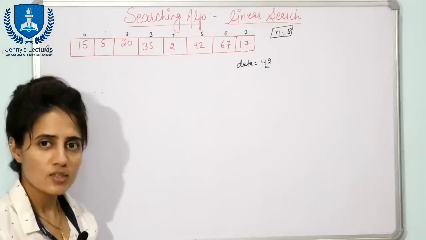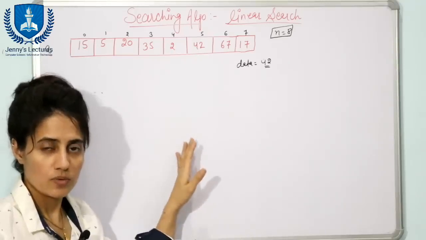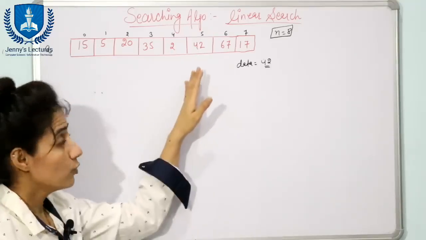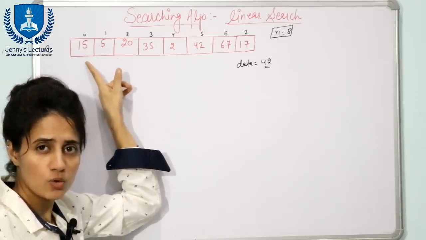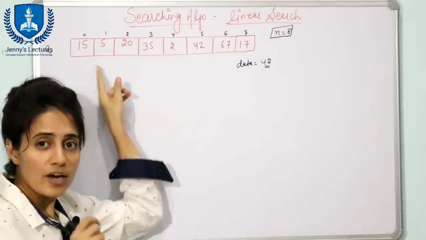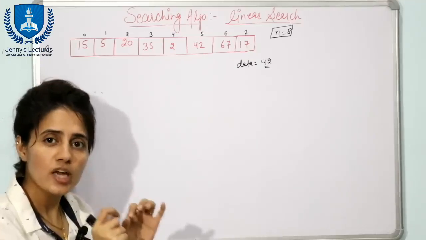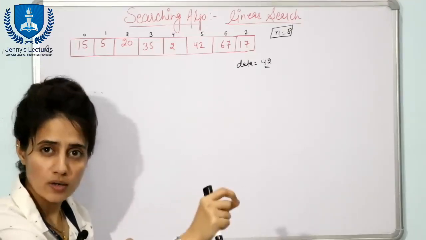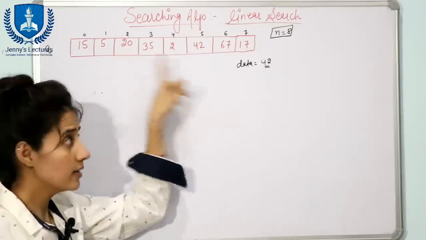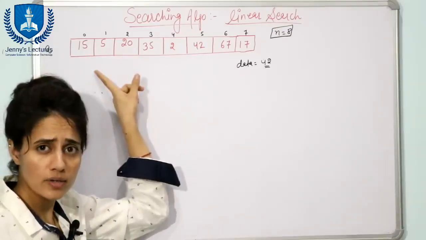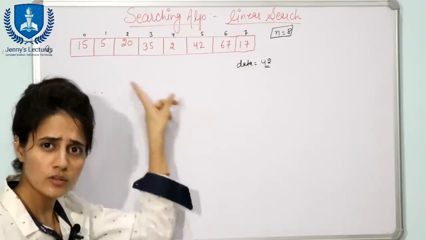So now let us discuss the working of this linear search. In this case, we are going to start our search from the starting of the array, from the 0th index, and we are going to access each element of the array one by one and see whether this is the desired data you want. If yes, then you are going to return that location.